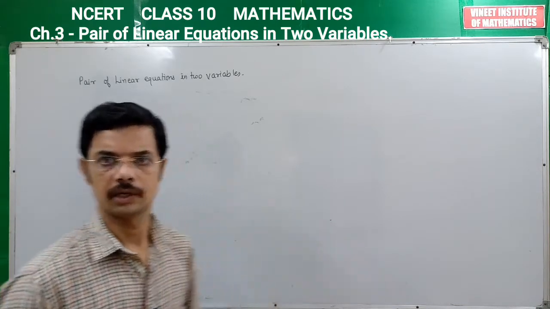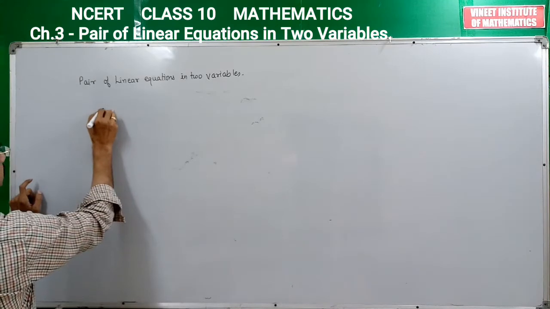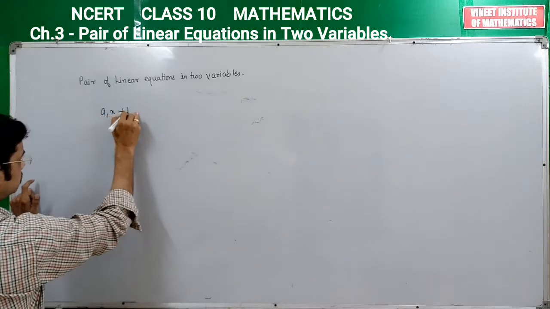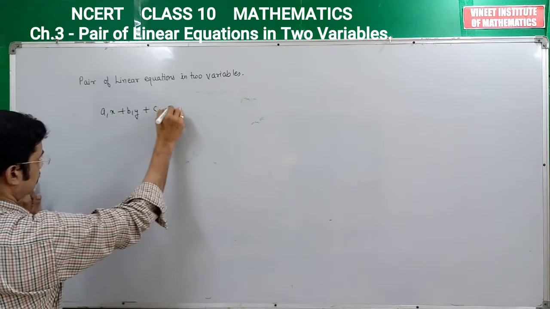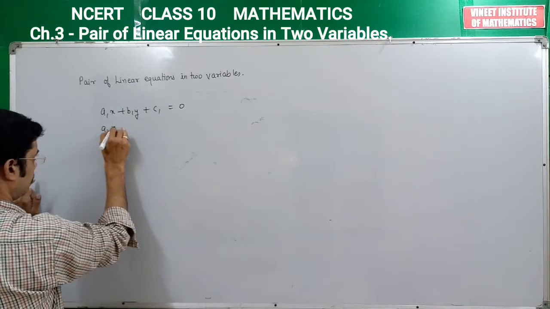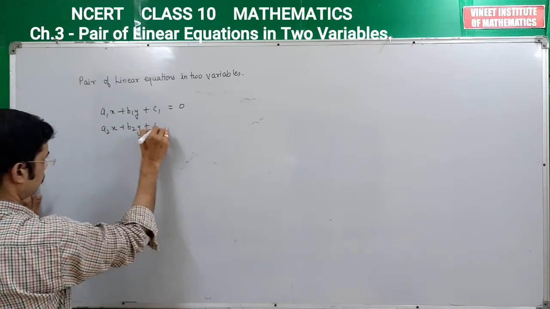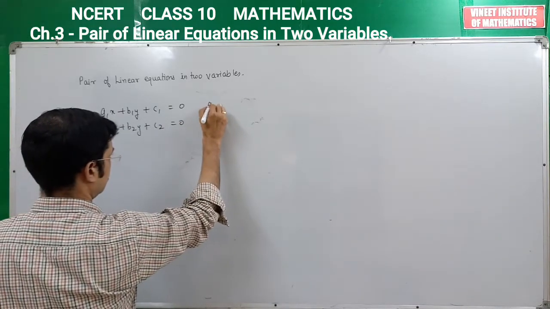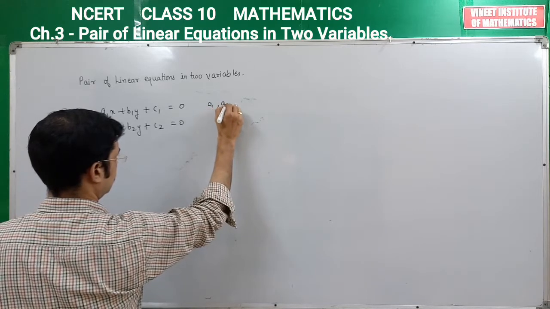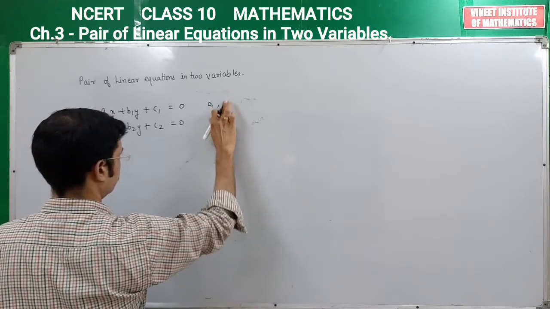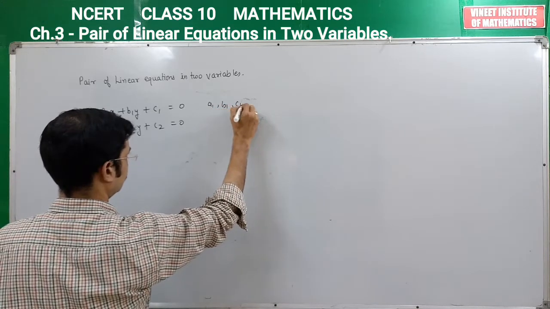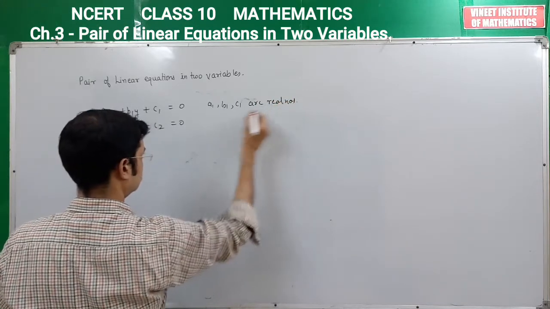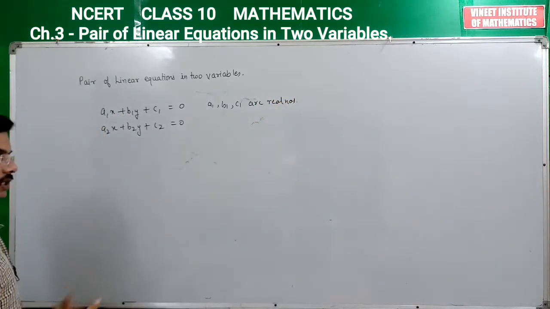parallel or intersecting. Suppose we are given two lines, a pair of equations, a1x plus b1y plus c1 equal to 0 and a2x plus b2y plus c2 equal to 0, where a1, b1, c1 are real numbers and they are not 0 simultaneously.